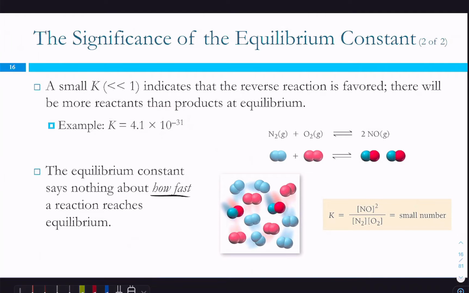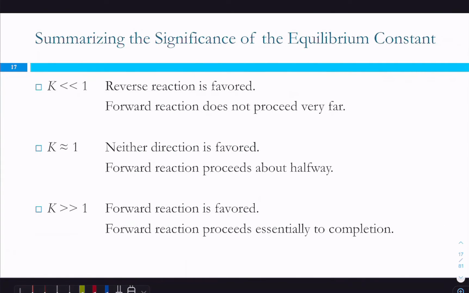All right, so if the denominator is a large number, then your result is going to be a very small number. So for K much smaller than 1, the reverse reaction is favored, and the forward reaction does not proceed very far.